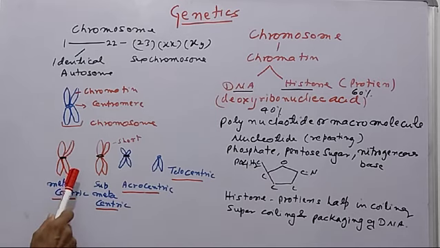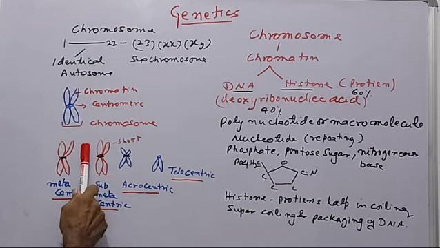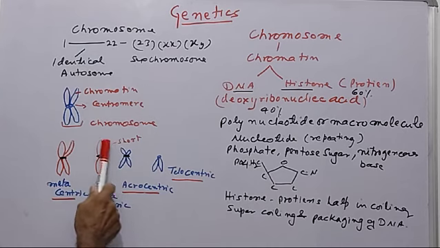One is when the centromere is almost in the middle of the chromosome, it is known as metacentric. And if it is somewhat further on one side, and one arm is smaller than the other, it is known as submetacentric.